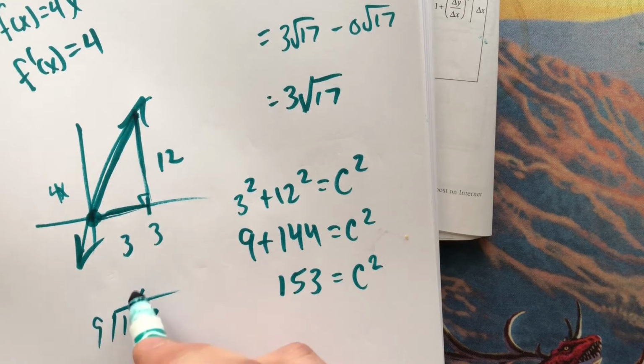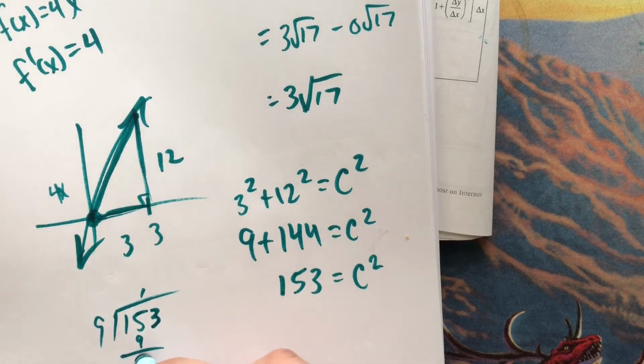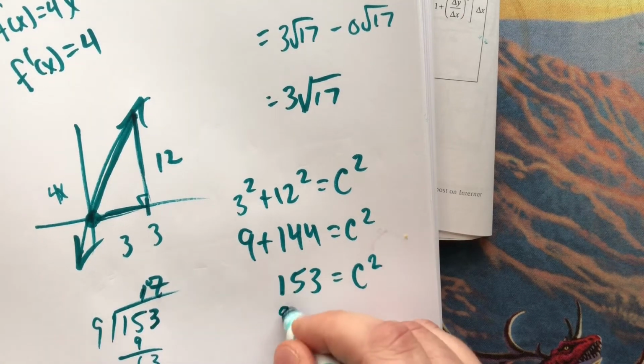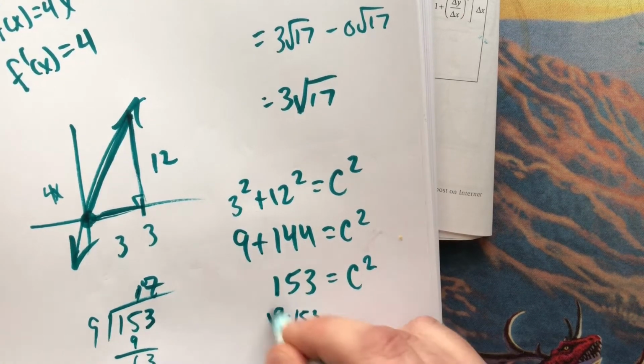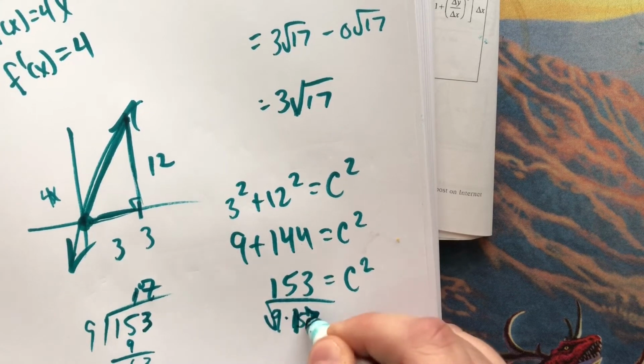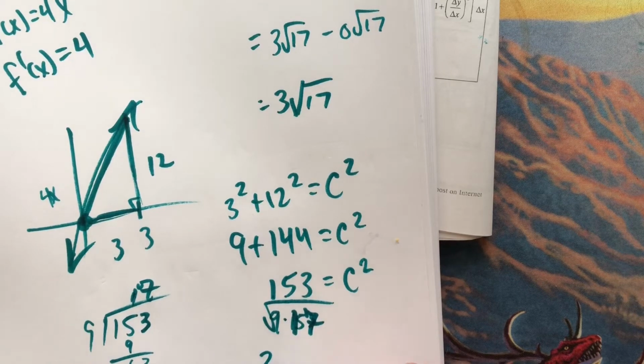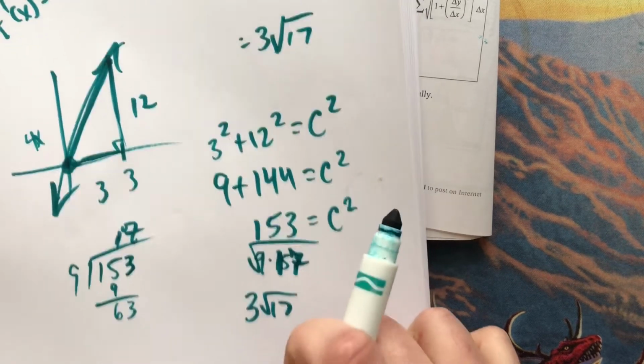So I'm going to use 9 here. 9 times 1 is 9. 15 minus 9 is 6. Wow, who knew? 9 times 17 is 153. So I take the square root. The 9 can pop out as a 3, and the 17 stays: 3 root 17.